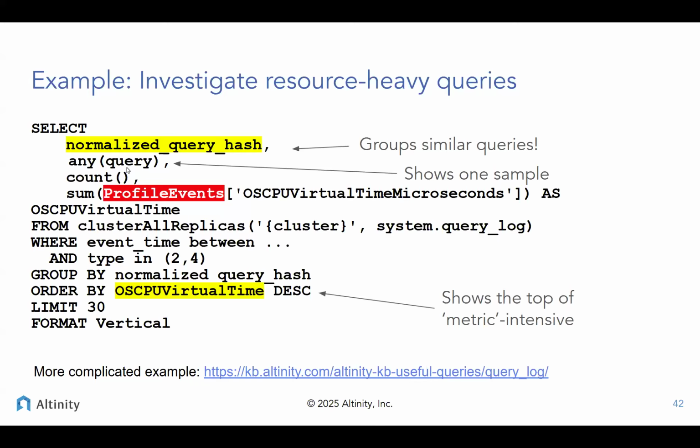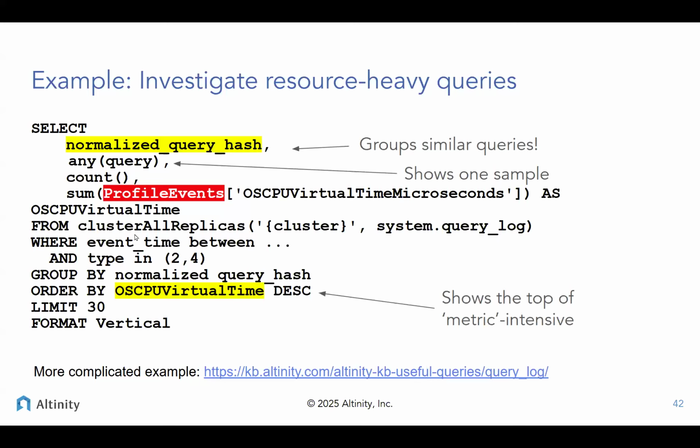They'll differ by arguments. And then this ProfileEvents column, which I've highlighted, is a really key column in the query log. It gives us events for specific resources and how much of them we used, in this case the number of microseconds of execution time.